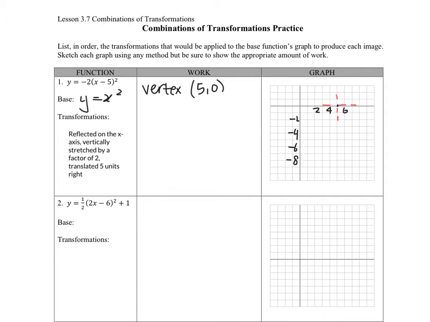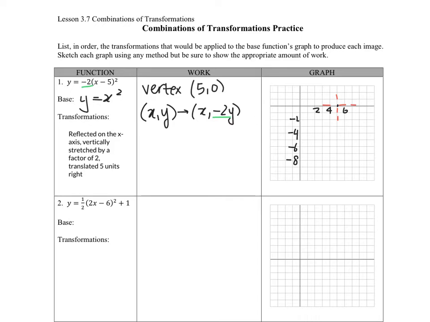Our x and y is now transformed to x, negative 2y. And what this means is, because of this negative 2 here, it's causing our up steps to change by a factor of 2. And instead of moving up, we're actually going to move down now.